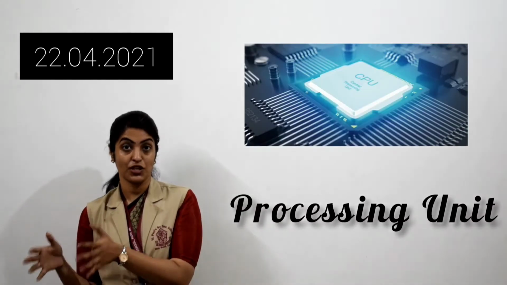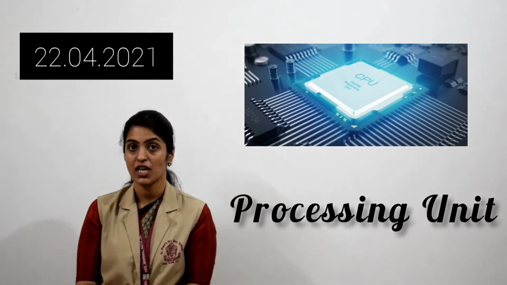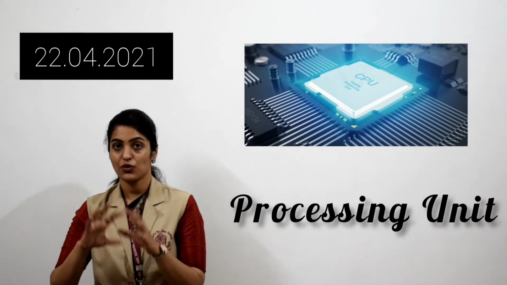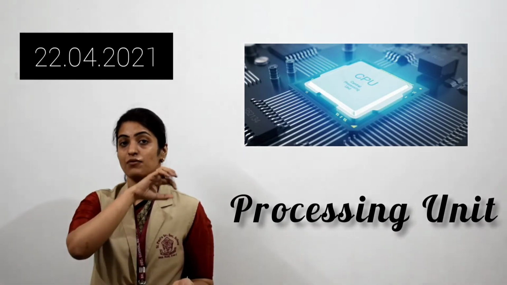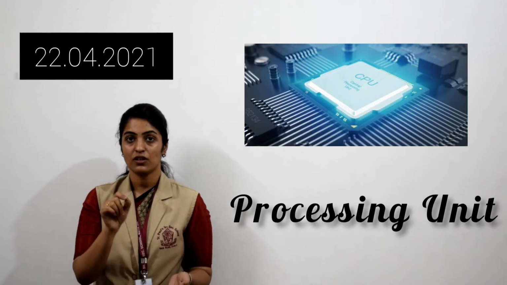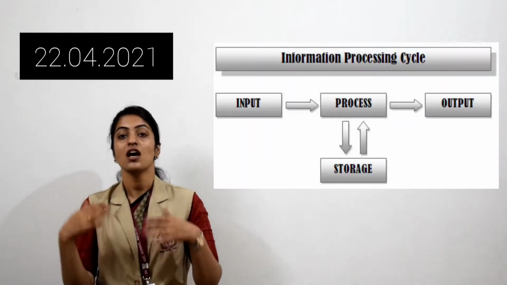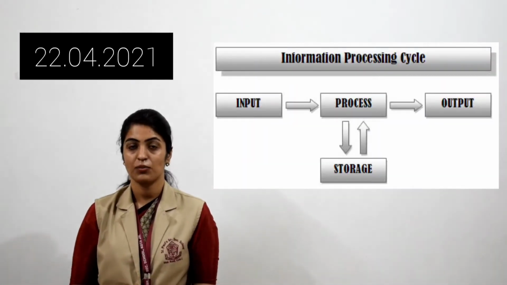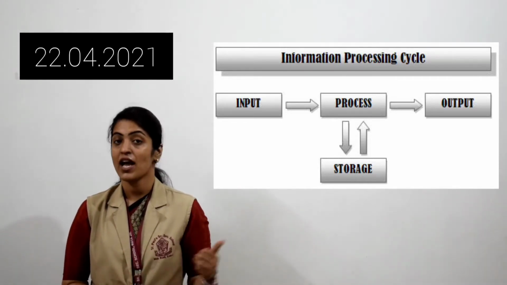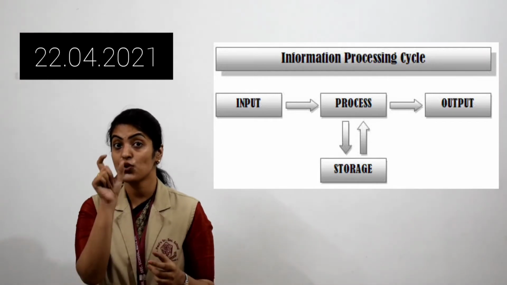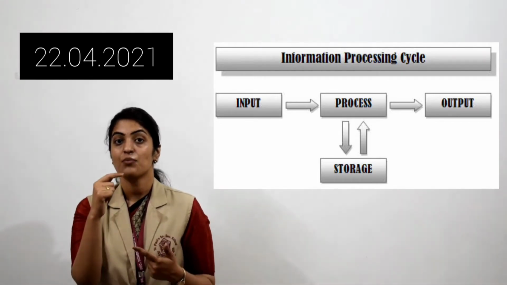Next, where do you send all this data? You are sending it to the processing unit, which we are going to talk about today. We will learn about it in brief. In the processing unit, whatever data you put in, it processes and calculates that data. Here you can see a storage device connected with the processing unit.